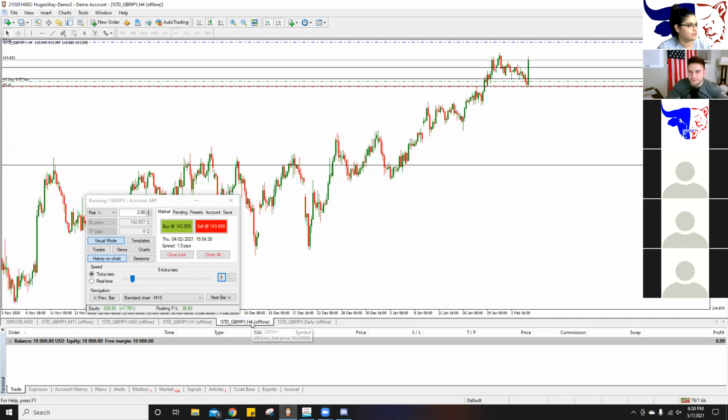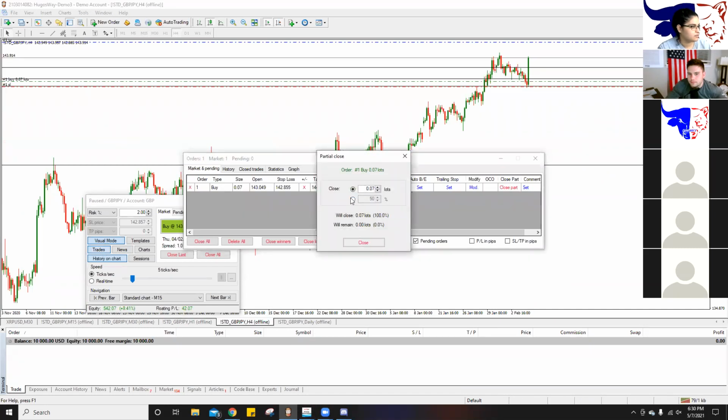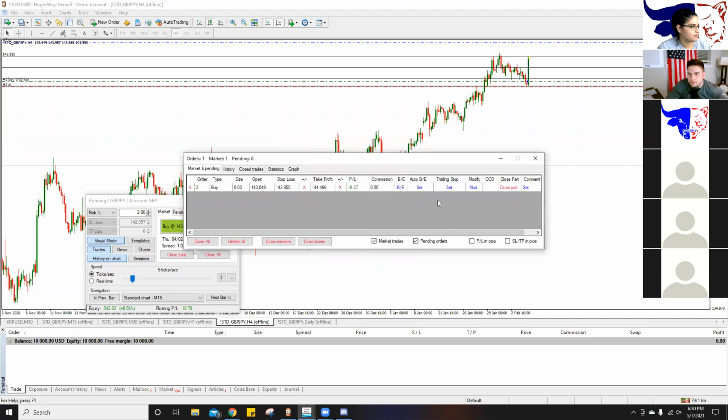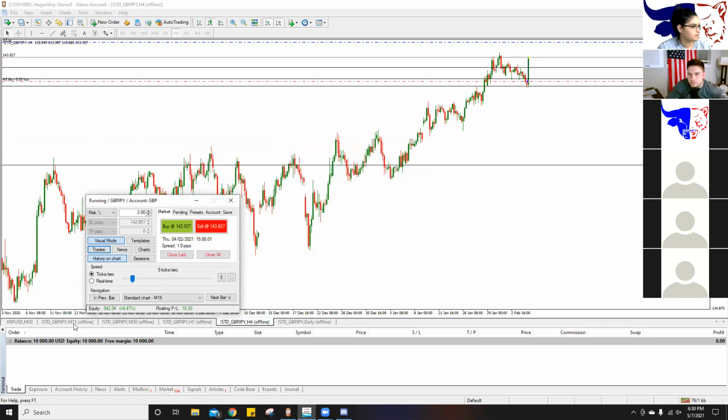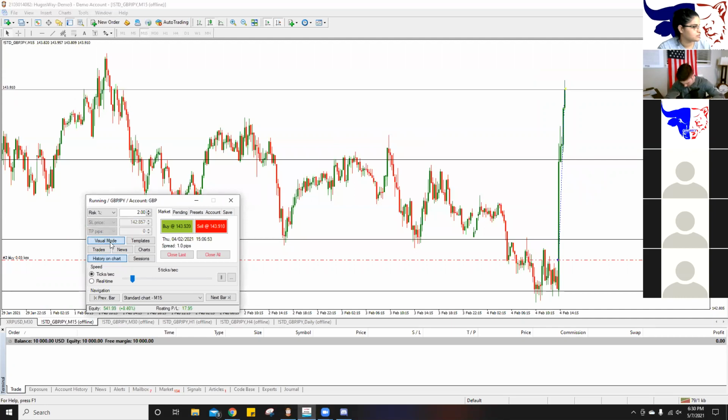So this is when I would start looking for partials. I would close part, close 50%, and then move to break even. Or rather, I would trail the stop loss. So what is that, visual mode?